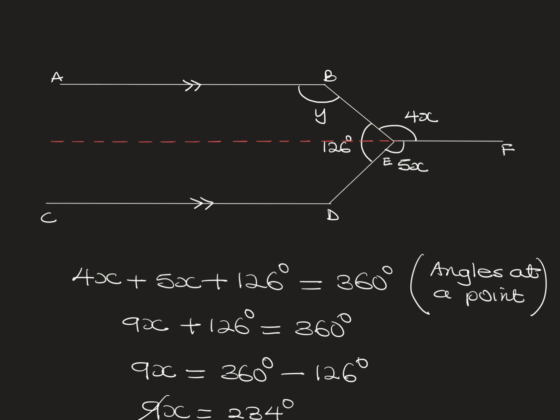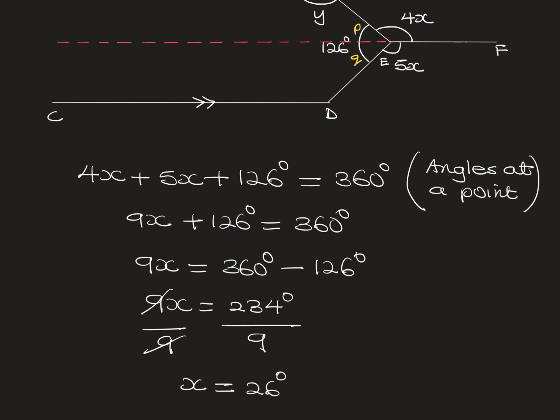Okay, now let's try to introduce other angles to help us with the solution here. Let's call this angle P and let's call this angle Q. So P and 4X are now on a straight line. So if we know the value of P, we can know Y, because Y and P are co-interior angles, okay?